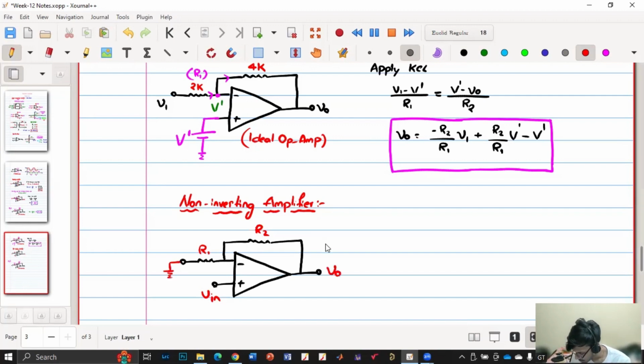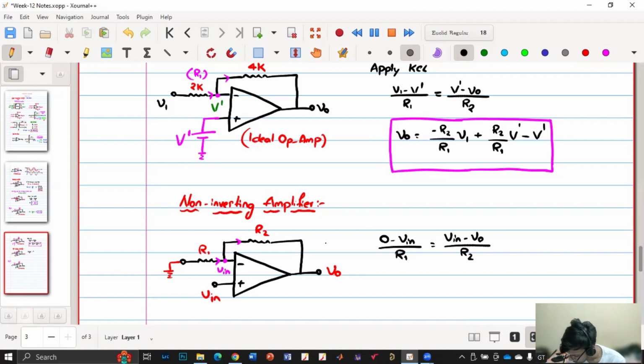By means of virtual short, this is my V in, because this is the same, and current entering equals current leaving. So I'll have 0 minus V in by R1 is equal to V in minus V0 by R2.